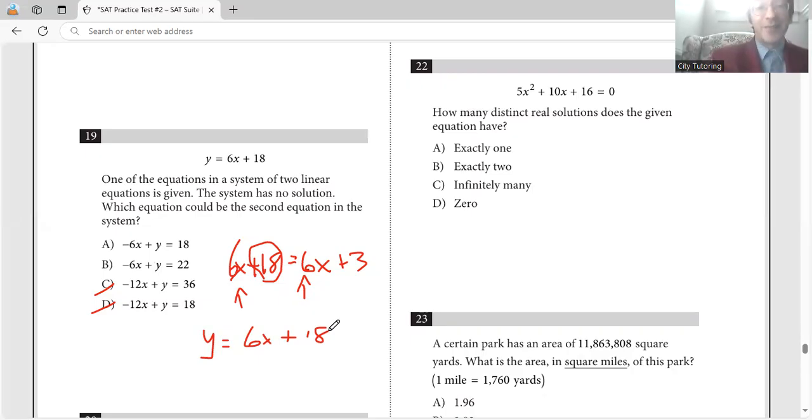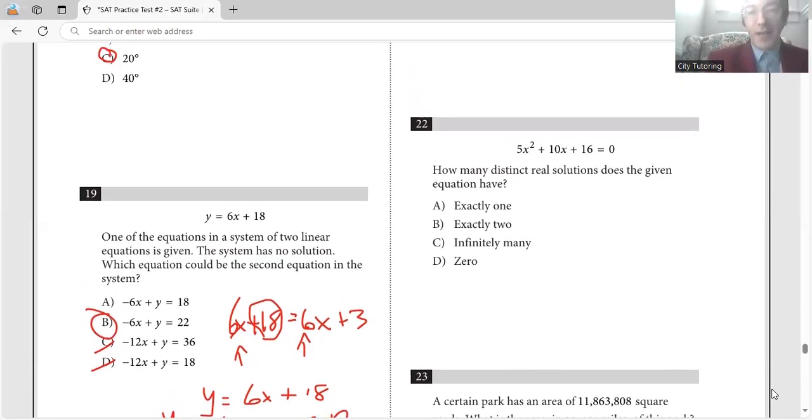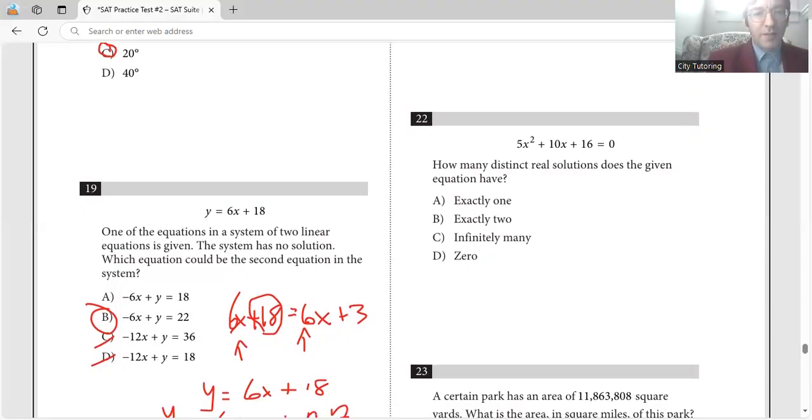But that's not what they're asking here. They're not asking which equations give you infinity. They're asking which ones give you no solution. So it has to be B, because B is going to give you the same slope, y equals positive 6x plus 22. And therefore, it has to be B. That's a pretty good question. I like that one.